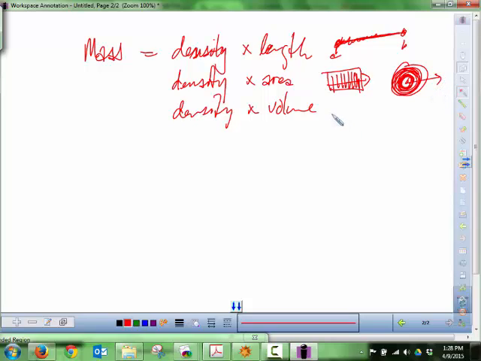And for volume, maybe the density changes with respect to a variable like height. So a cup of hot chocolate is more dense at the bottom and lighter on top. To figure out the mass of your hot chocolate, if you can describe the density as a function of the height, then again, it's a one variable function.